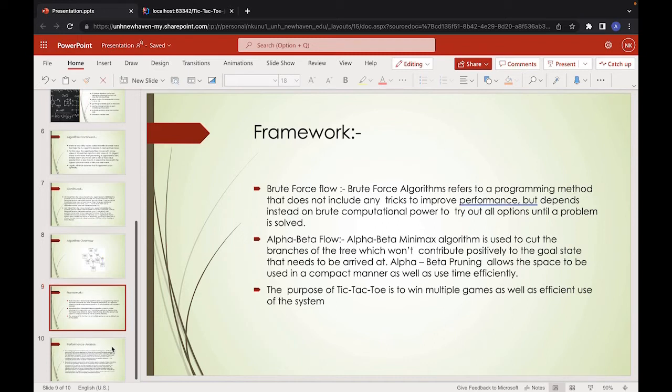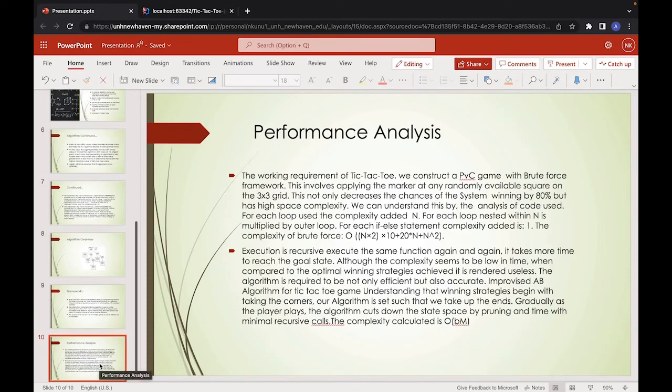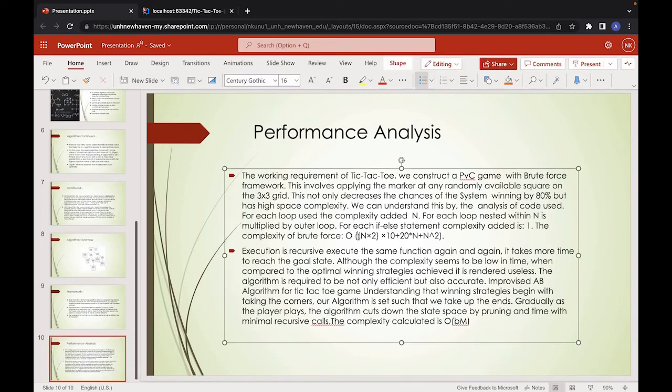So it drastically reduces the computational power needed for the algorithm to run. And the performance analysis for the brute force solutions is given as an equation in the PPT.